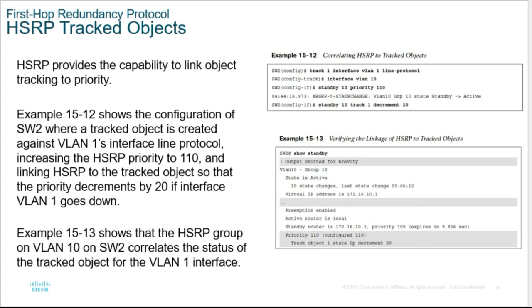Now we can incorporate object tracking inside HSRP. As we've seen the command before, the keyword is track, and then the object ID, and what is the object that we are tracking. In this example, we are tracking the interface VLAN 1 and the status of the line protocol. So if the line protocol status of interface VLAN 1 changes, then the action to do is to decrement the priority of standby group 10 by 20.